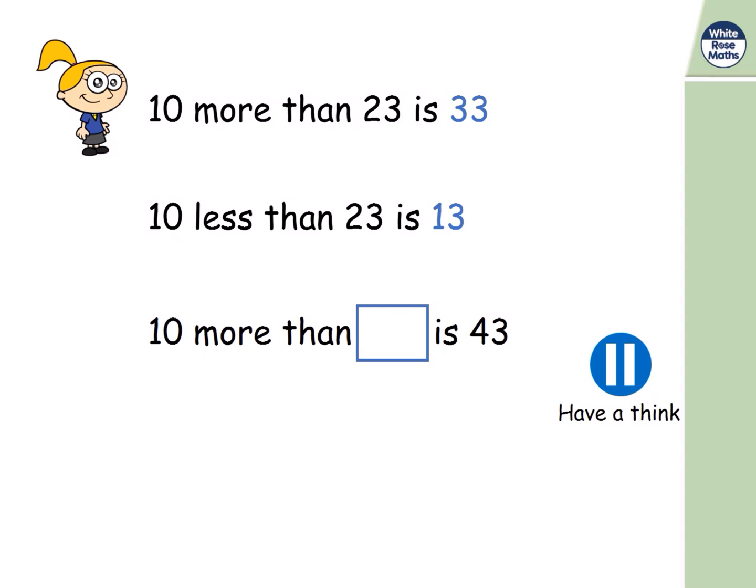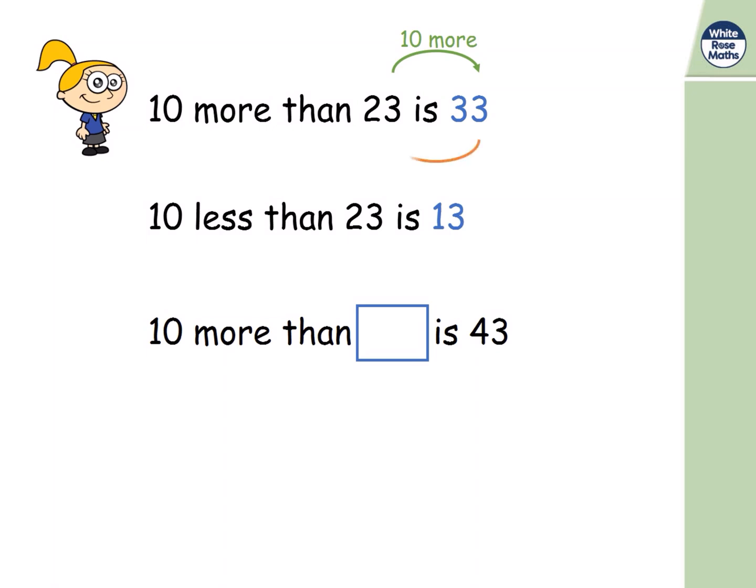10 more than something is 43. Pause the video to have a think about this. In our first example, 10 more than 23 is 33. We started at 23 and 10 more was 33.